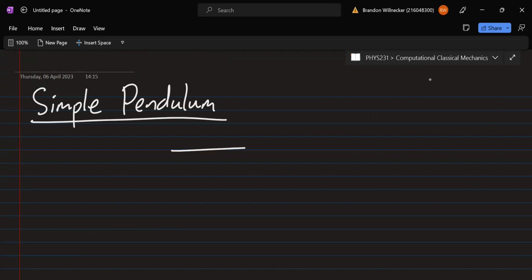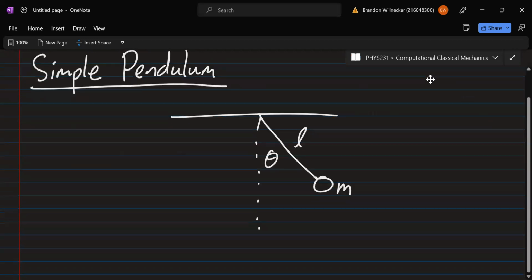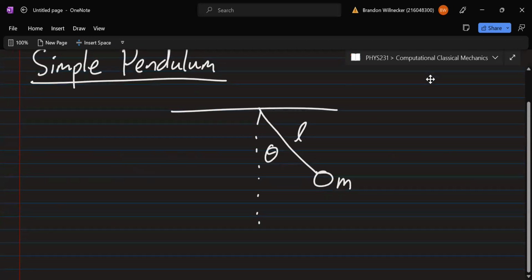Okay, so imagine we've got ourselves a simple pendulum. So we've got a mass m attached to a rope of length L. Okay, it's making some angle theta, and we want to study the dynamics of this system.